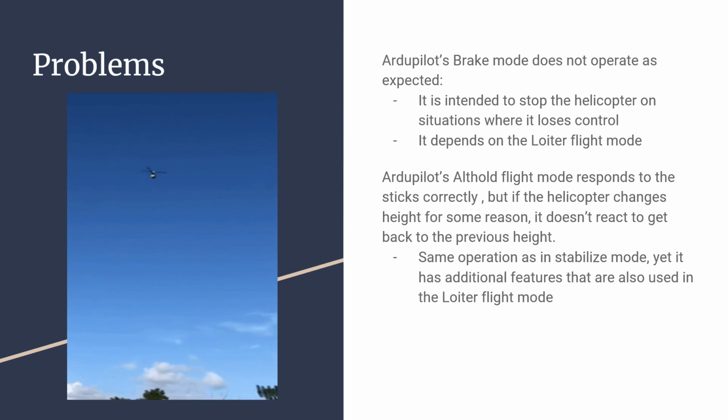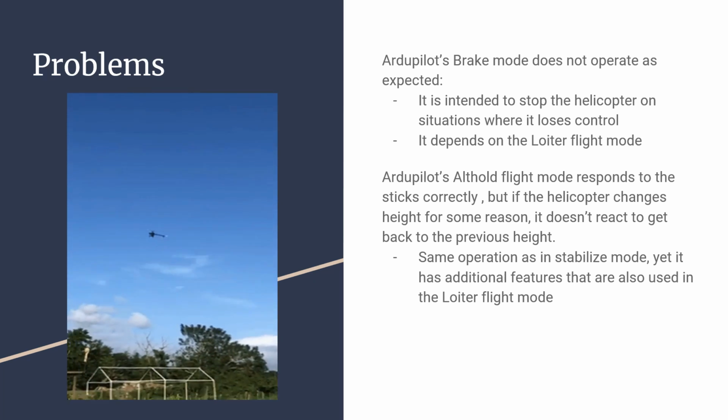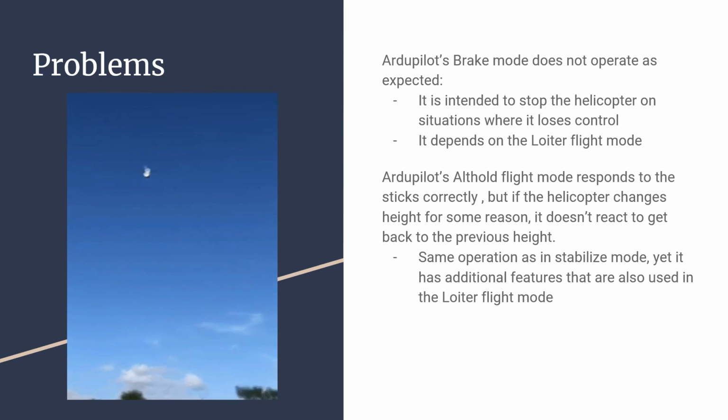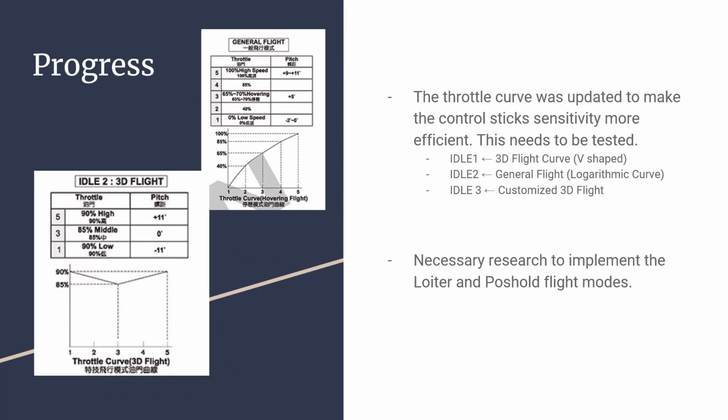We saw that the blade's attack angle did not change at all, even if the helicopter successfully measured the change in height, and the swash plate responded to changes in pilot inputs and changes in the helicopter's attitude. This problem is worth diving into since some of the flight mode's features are used by the loiter flight mode.